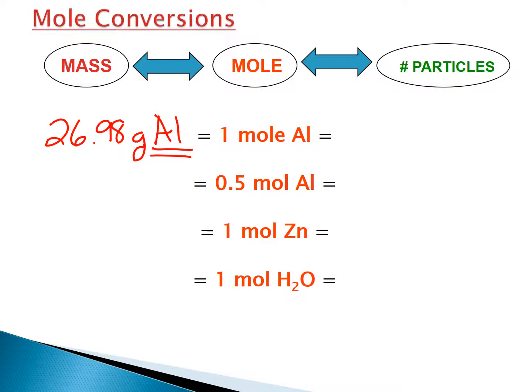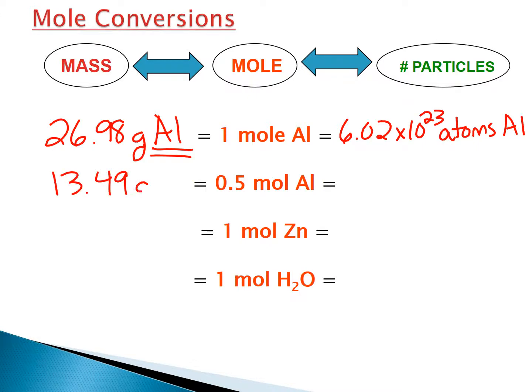Now, 1 mole of anything has 6.02 times 10 to the 23rd particles, so in this case, I have 6.02 times 10 to the 23rd atoms of aluminum. If I have half a mole, the mass is divided by 2, so I have 13.49 grams. And again, my number of atoms is divided by 2, so 3.01 times 10 to the 23rd atoms of aluminum.